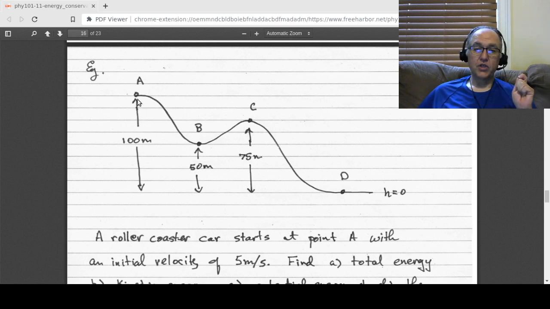If I calculate the total energy at A, it's going to be the exact same number at B, at C, and at D. No matter what that total energy is, if I calculate it at A, it's the same at B, C, and D. Conversely, if I calculate the total energy at C, because maybe I have enough information to calculate it at C, then I know what it is at B and A and D, okay?